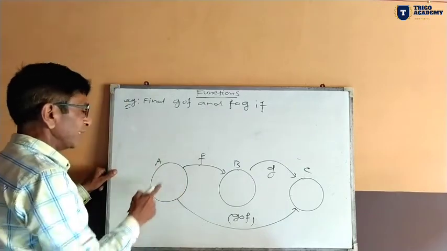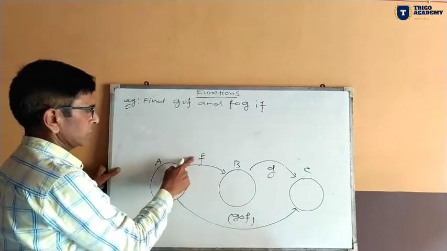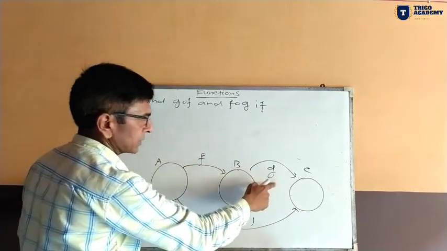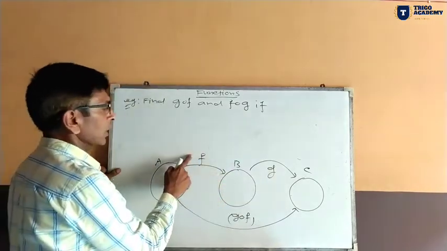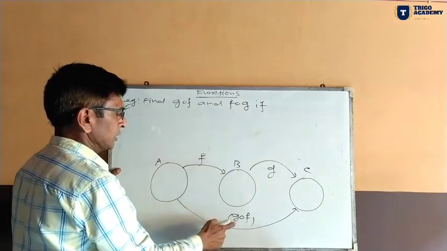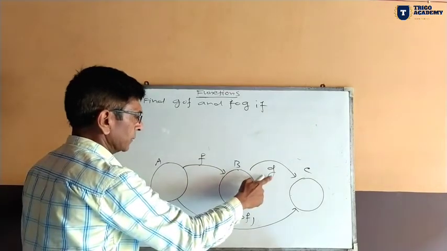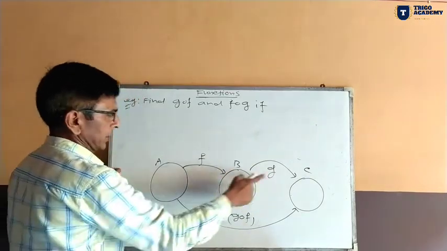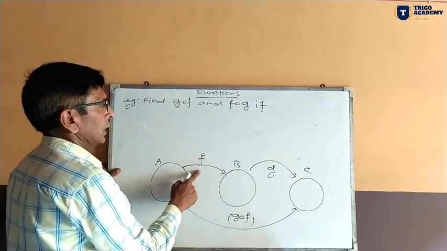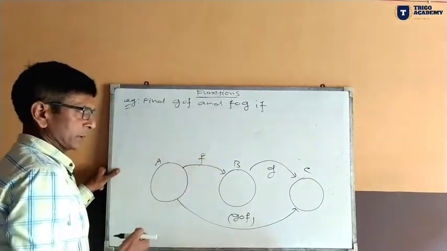If we say first f and after that g, then the composition of f and g is denoted by gof, and the composition of g and f is denoted by fog.